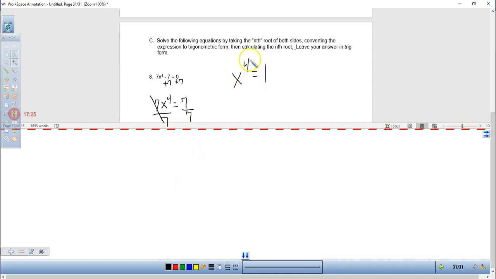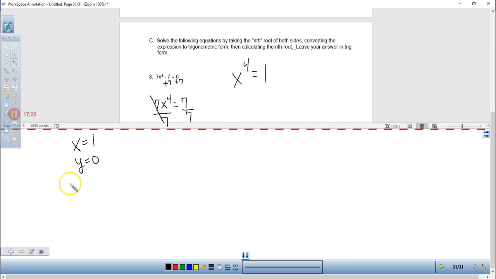The 4th root of 1 is 1, so it's actually like plus or minus 1. From this point we're going to say that this expression tells me x is equal to 1. We're also going to say that y is equal to 0. There is no y in this expression.